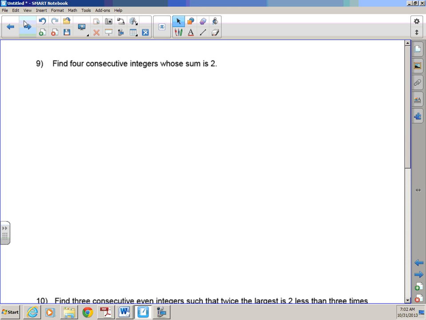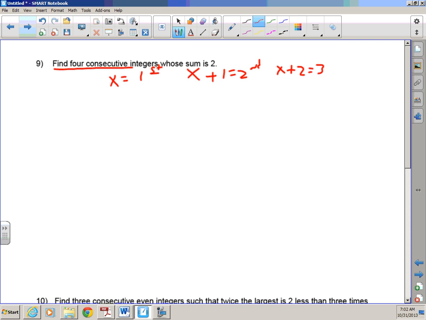All right, moving on. Find 4 consecutive integers whose sum is 2. So 4 consecutive, x is the first. I know x is x, but that doesn't do you any good. So x is the first, x plus 1 is the second, x plus 2 is the third, and x plus 3 is the fourth.